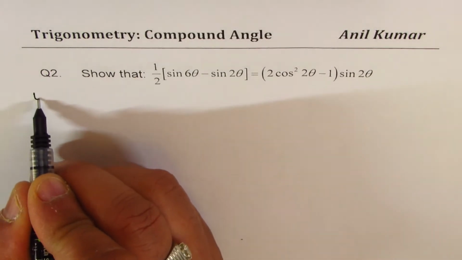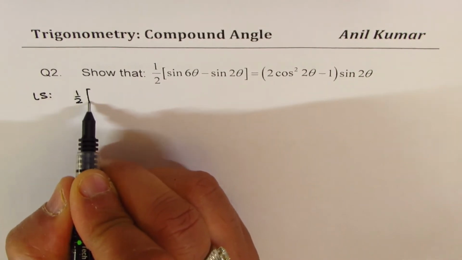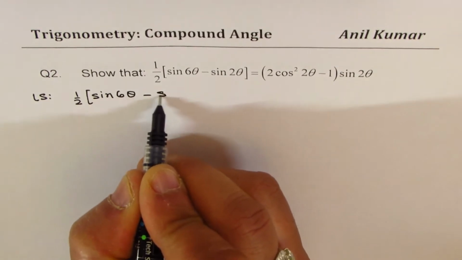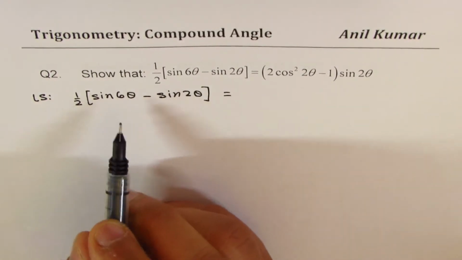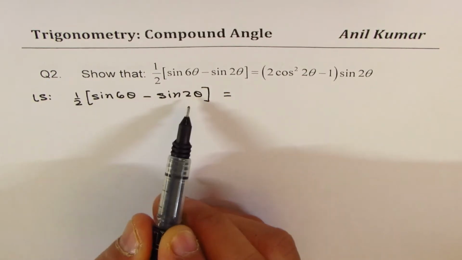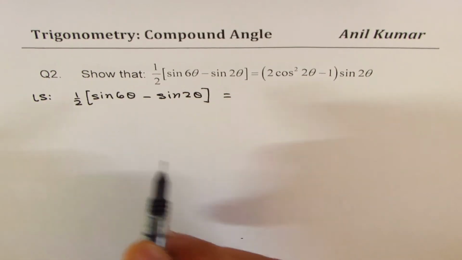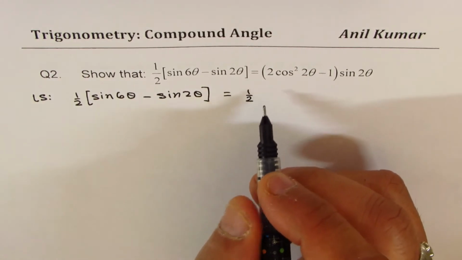So let's begin with the left side, which is given to us as half of sine 6 theta minus sine 2 theta. So the trick here is to write 6 theta and 2 theta as sum and difference of two numbers, which in this case clearly is 4 theta and 2 theta, right?